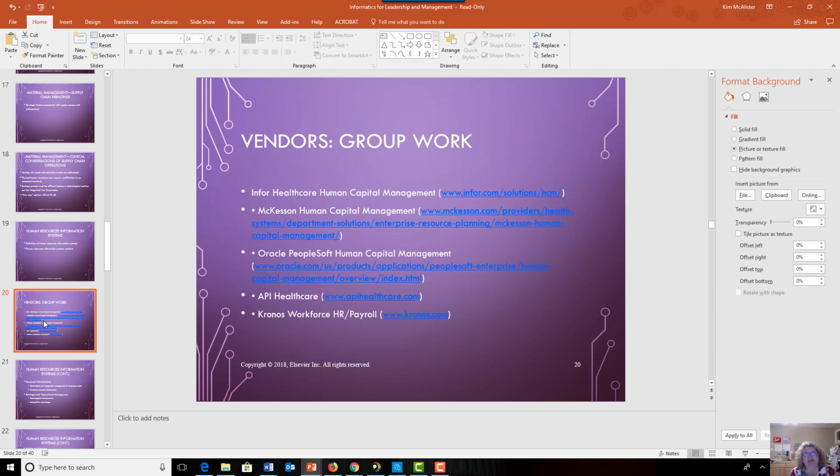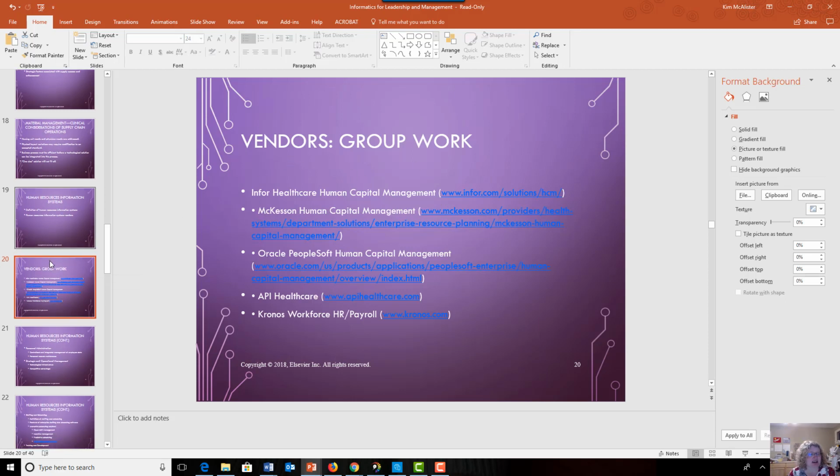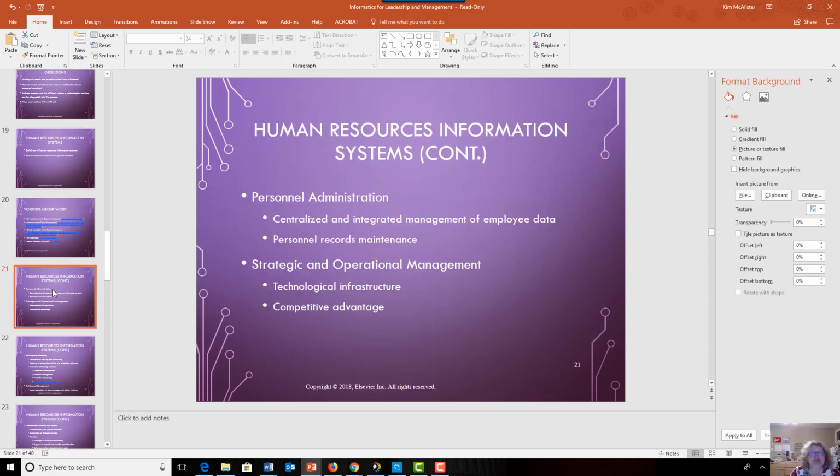And a lot of times the human resource system is not found within the regular health information system. It's what we call a bolt-on. So it may be a system that's separate from everything else. And I included some links here that you can click on and look at some of these different places that provide vendors, and they have some things that you can look at and see.